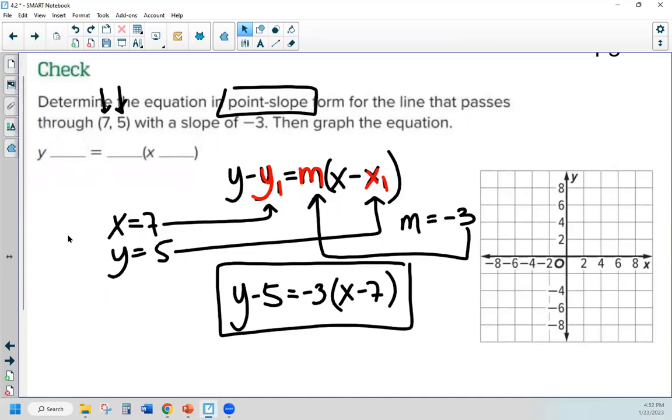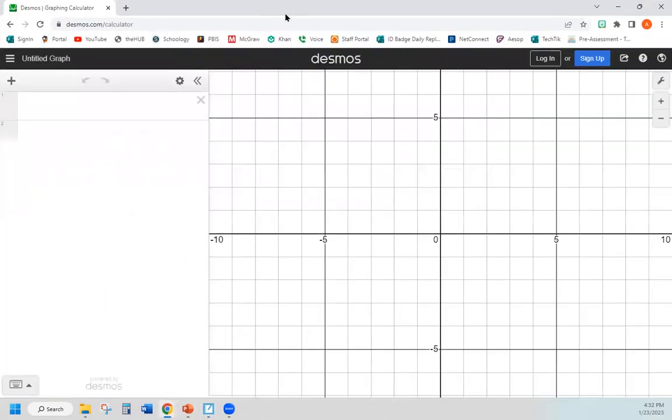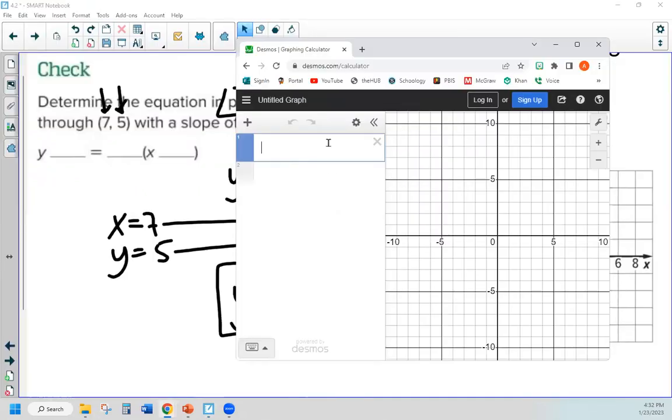Now, just so everything can make sense in our brain, let's go ahead and see what happens when we graph that. Let's first look at the point 7, 5 on Desmos. Let's label that point, and the point is right there. And then let's click enter so we can make a new line.